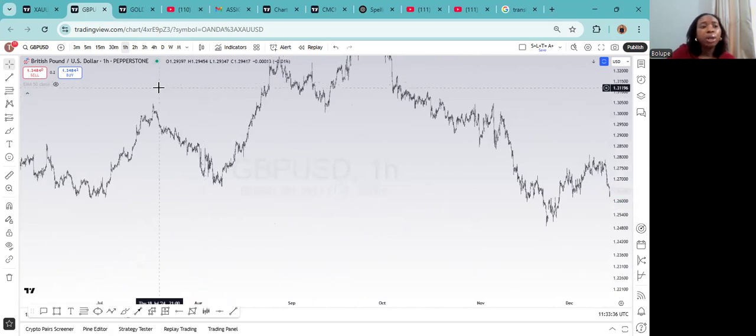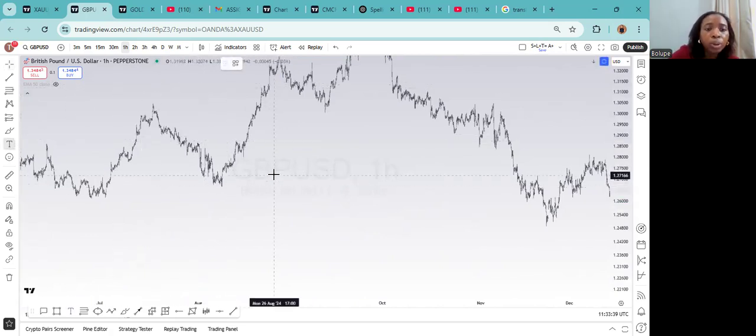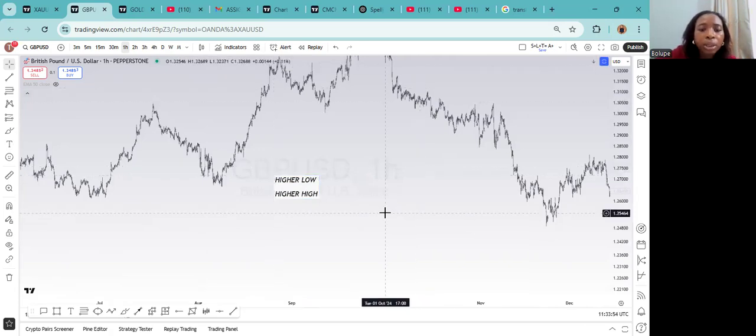And we all know, or if you don't know, the uptrend forms a higher low, and then it forms a higher high. What does that mean?